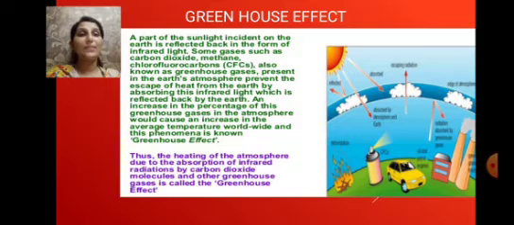An increase in the percentage of greenhouse gases in the atmosphere would cause an increase in the average temperature worldwide, and this phenomenon is called the greenhouse effect, because the greenhouse gases formed at the upper layer of the atmosphere are not allowing the heat to pass out, which is caused by the absorption of infrared radiations by carbon dioxide molecules and other greenhouse gases. And this is increasing the average temperature on the Earth's surface, which is leading to global warming.